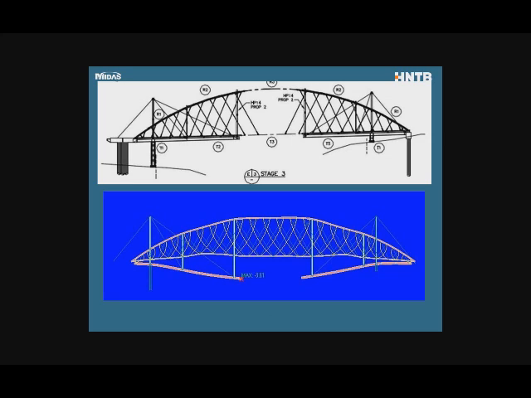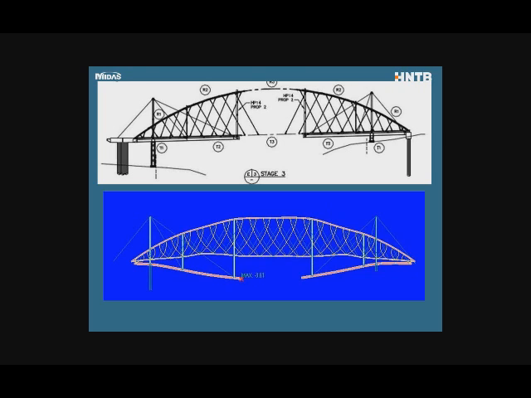So this gets quite interesting because now you have competing systems. There's the arch rib trying to take one share of the load, and then there's the false work system taking one share of the load. And also, because the tie was so light without the deck, the cables don't have a whole lot of tension, and some cables in fact are slack.